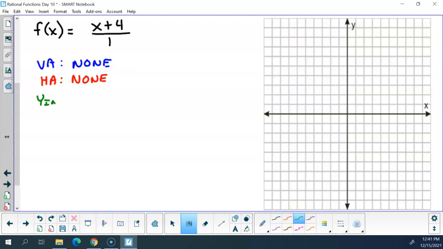Y-intercept: 0, comma, 0 plus 4 is 4. X-intercept. Set the numerator equal to 0. X plus 4 equals 0. X equals negative 4.